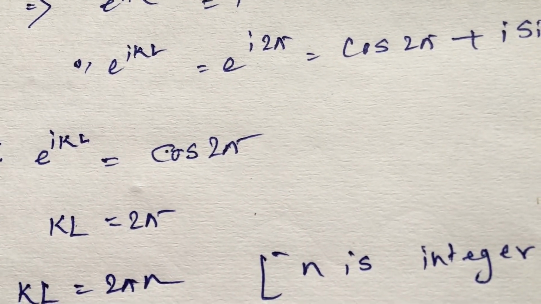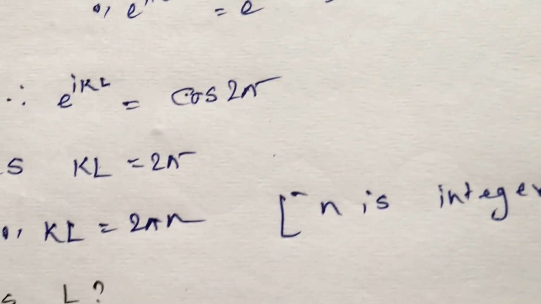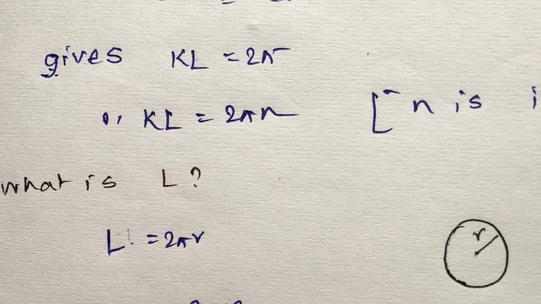So I have e to the power ikL equal to e to the power i twice pi, which gives me kL equal to twice pi.